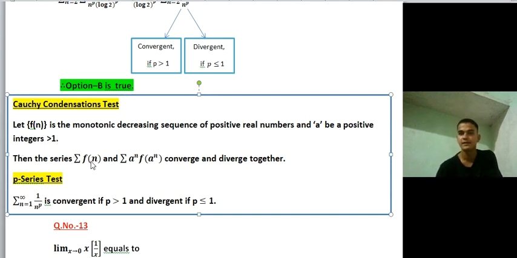Then the series summation Fn and summation a to the power n, f of a to the power n converge or diverge together.